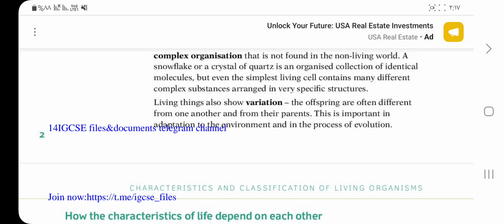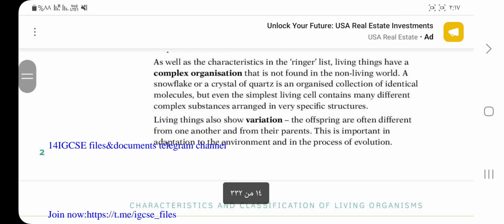But even the simplest living cell contains many different complex substances arranged in very specific structures. So the simplest living organisms have a complex organization, while a non-living thing like a snowflake or a crystal of quartz is an organized collection of identical molecules and does not have any complex substances.